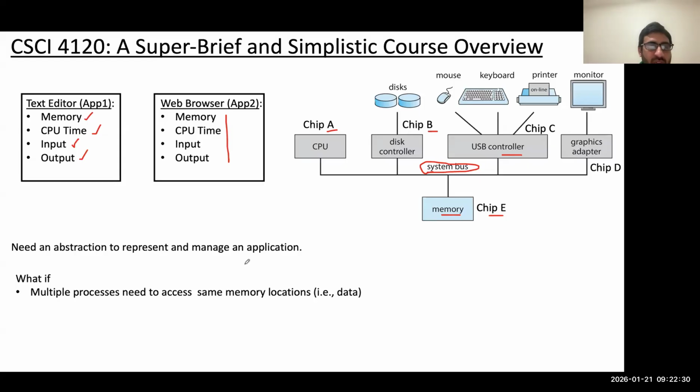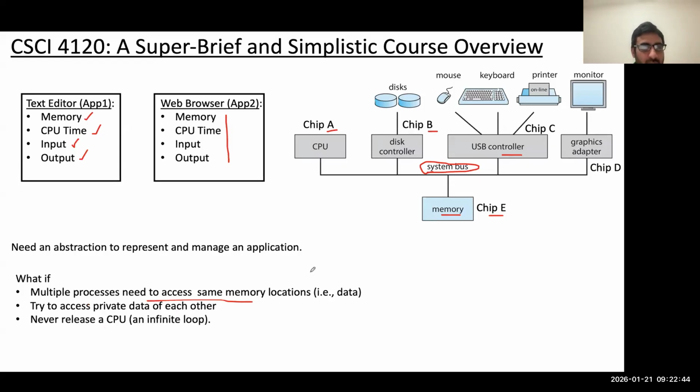So for example, if you have multiple processes and they need to access the same memory location, should we allow them to access the same memory location at the same time or not, right? What if one of those applications tries to access the private data of another application, or if one application is allocated the CPU but never releases it, not letting any other application execute, right?